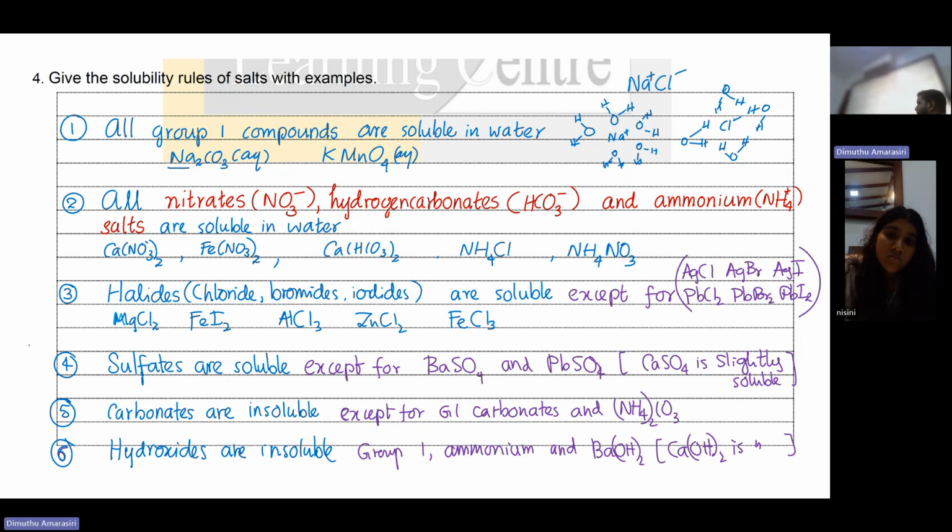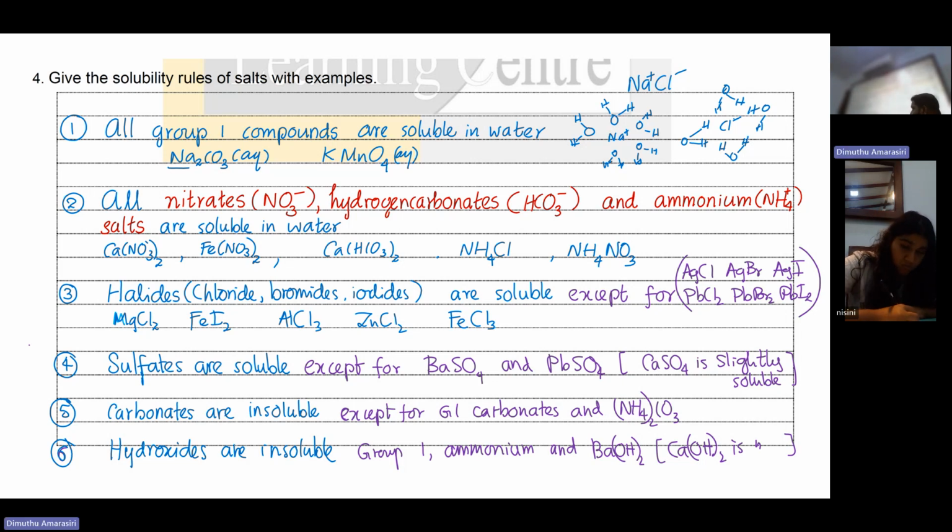Those two are not soluble. You can't dissolve them, and if they form in a reaction, they will be precipitates. Understood? Now you write those two rules.